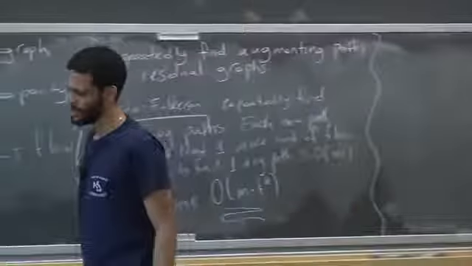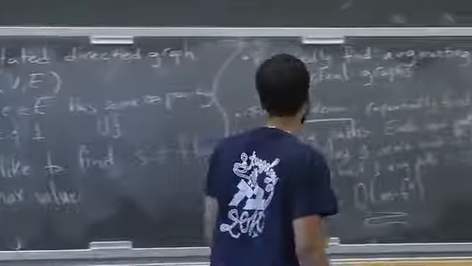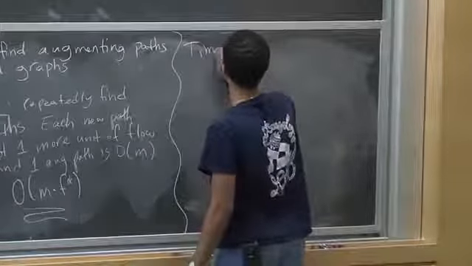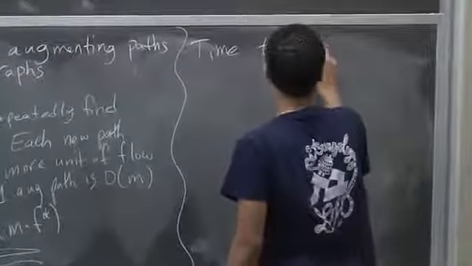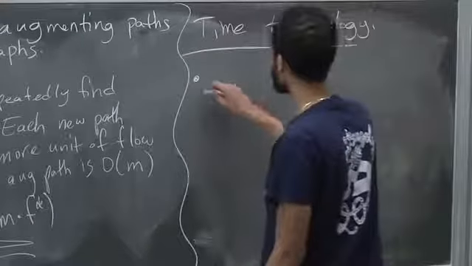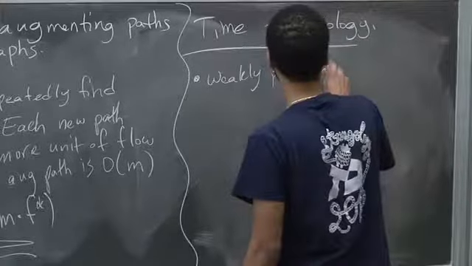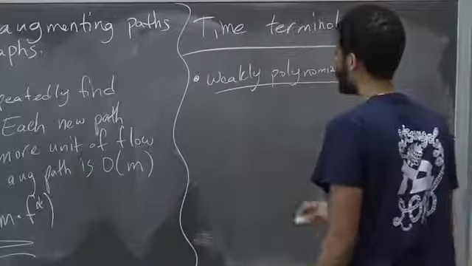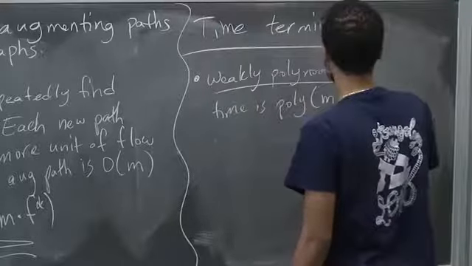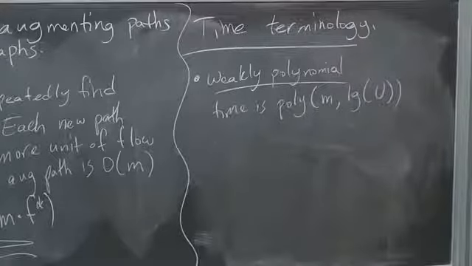So, time terminology. We say the algorithm is weakly polynomial if the time is poly in m and log U. It is polynomial time in the representation of the problem.